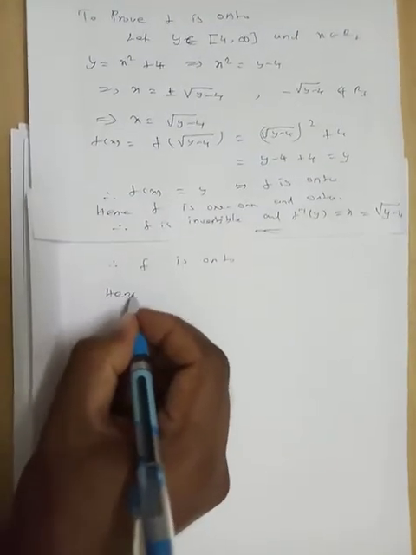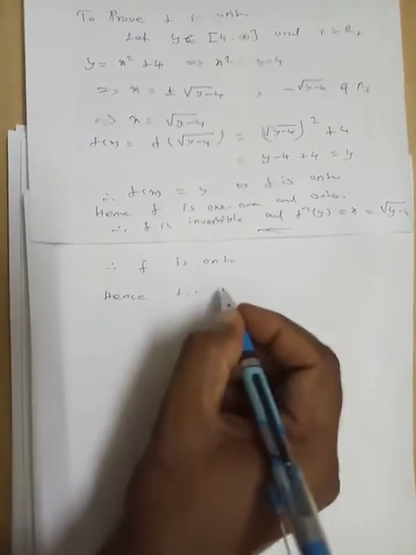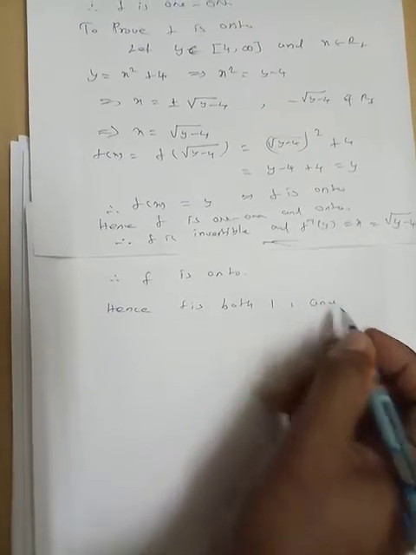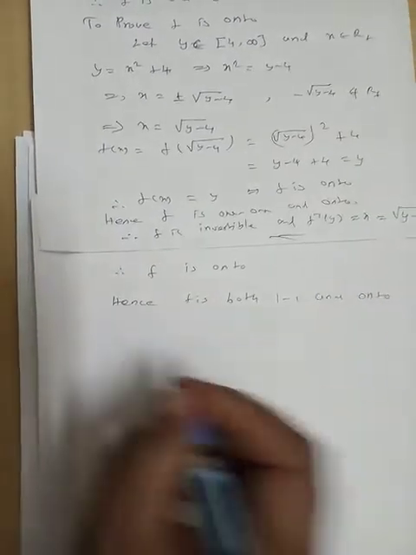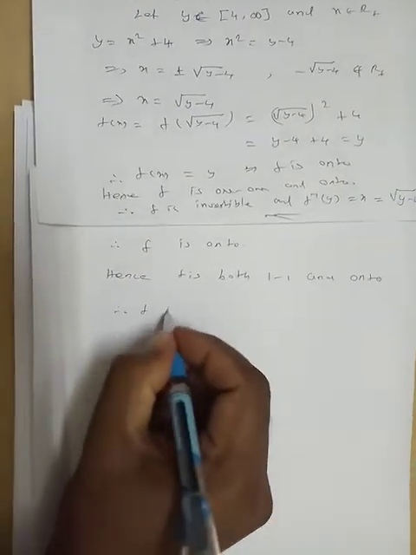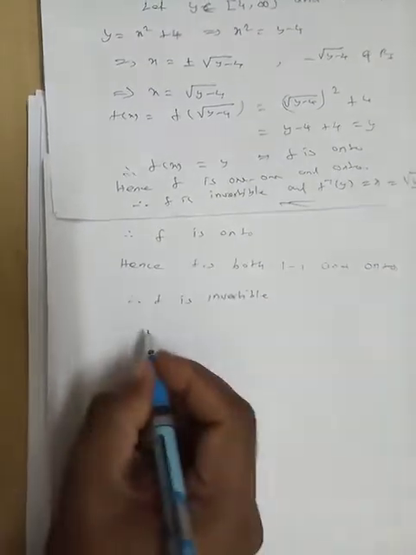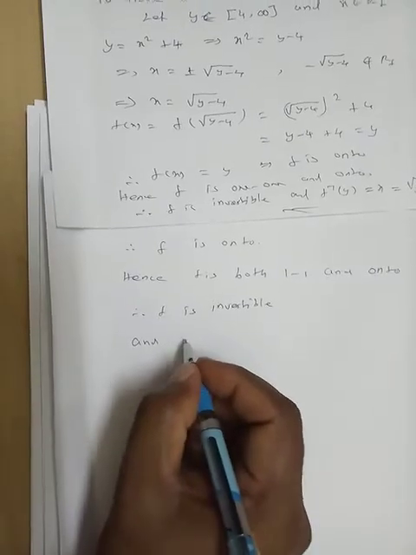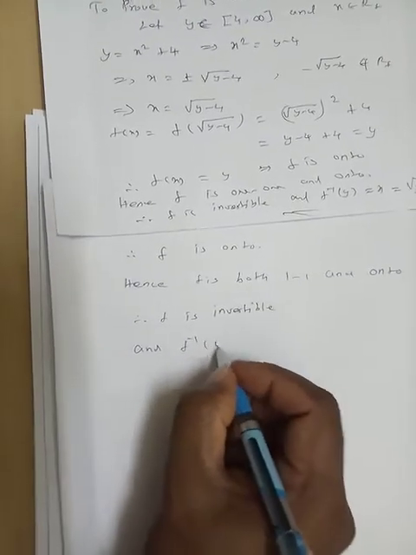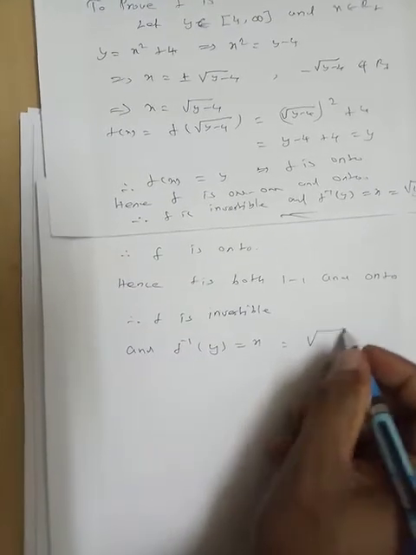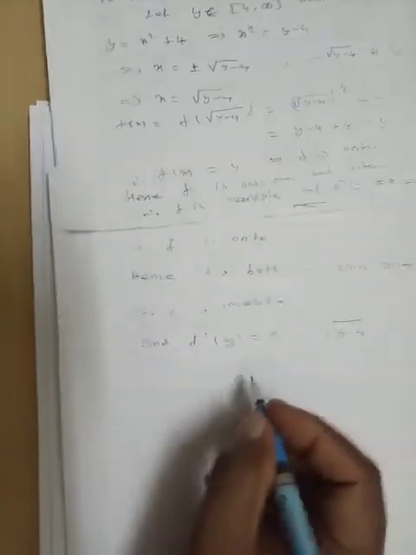Hence f is both 1 to 1 and onto. Therefore f is invertible, and f inverse of y equal to x equal to root of (y minus 4). That's all. Now exercise 1.3, question number 9.